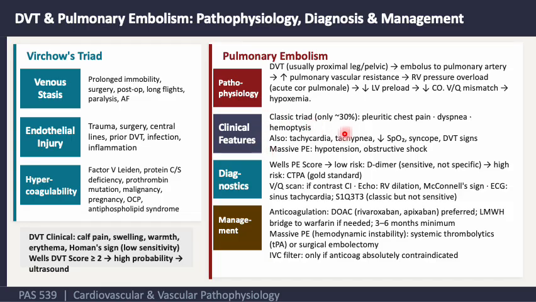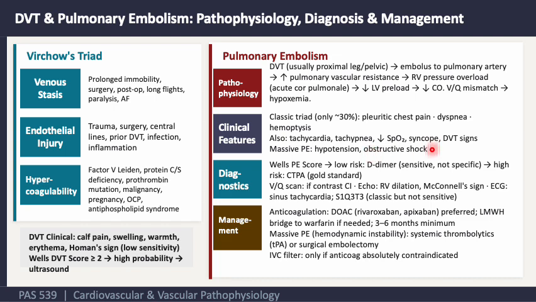So some clinical features: there is a classic triad, but only 30% of the patients present with the triad. They can have pleuritic chest pain, dyspnea, and hemoptysis. But more commonly, you'll see tachycardia or tachypnea, so an increase in their respirations. You may also notice that their O2 sats are a little bit lower. They can present with syncope.